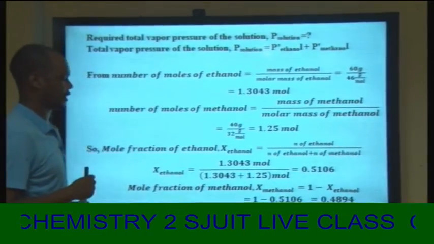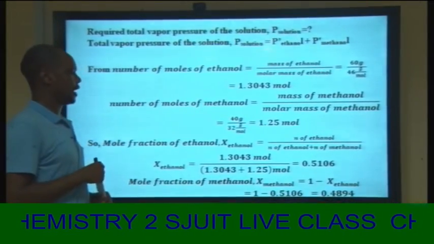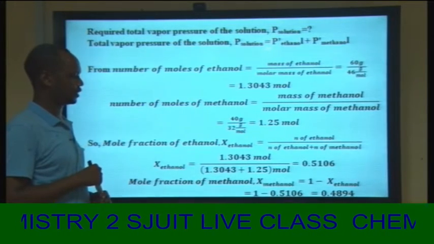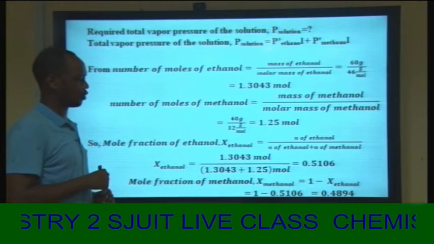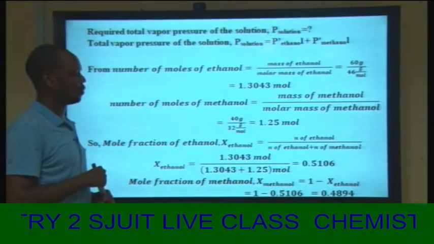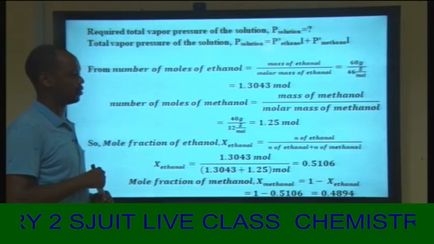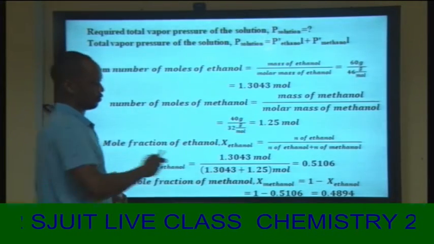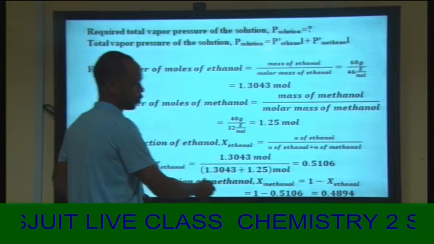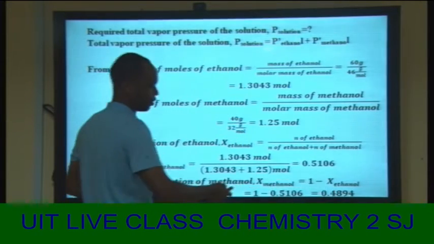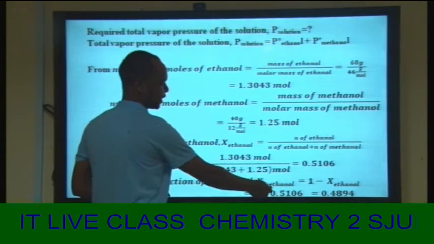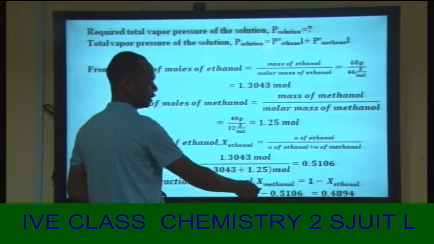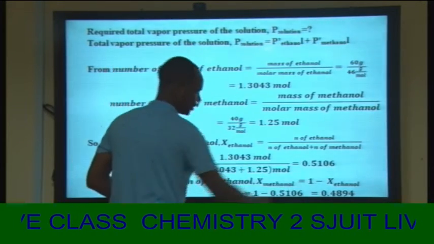We have a general expression which says the mole fractions of the two components sum to one. It means mole fraction of ethanol plus mole fraction of methanol should be equal to 1. From this, we have the mole fraction of ethanol, and we need to make mole fraction of methanol the subject. What should be the expression?